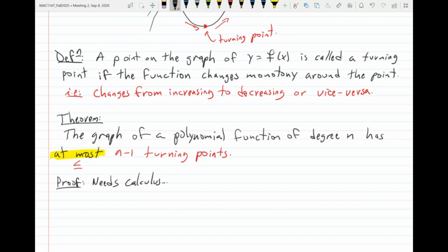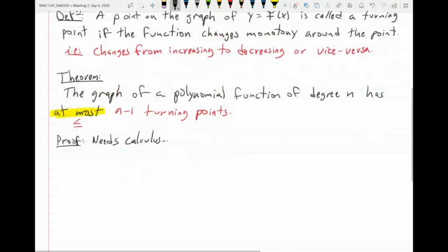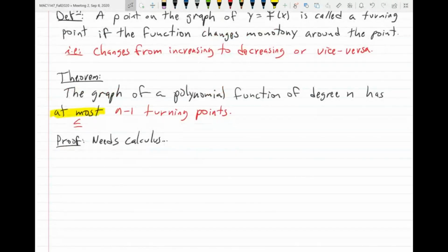All right, so the graph of a polynomial function of degree n has at most n minus 1 turning points. This is important. And I want you to keep in mind that there could be no turning point. For example, think about x cubed, right? If you think about y equals x cubed, the graph is like this. It has no turning point. It's always increasing, but the degree is 3, okay?